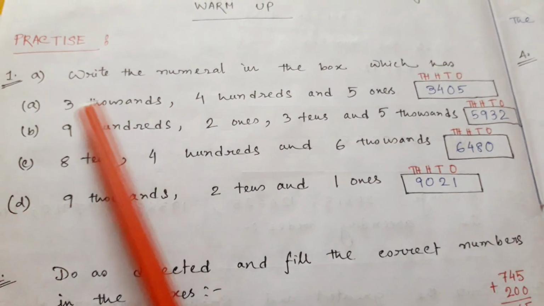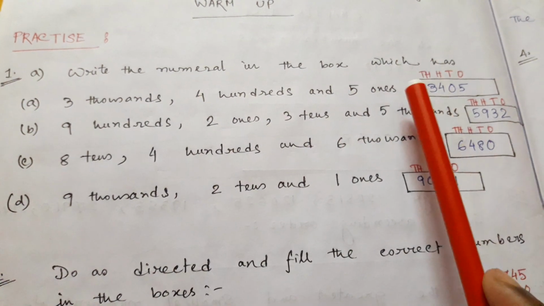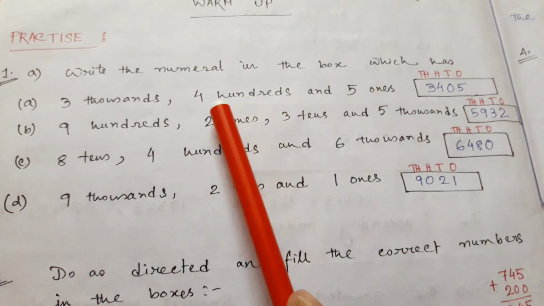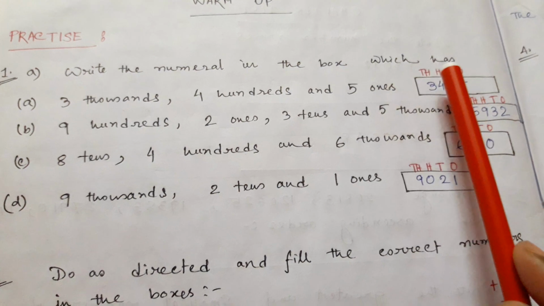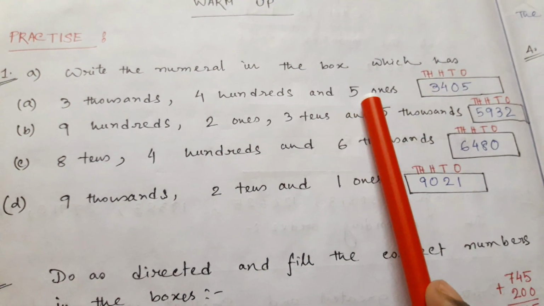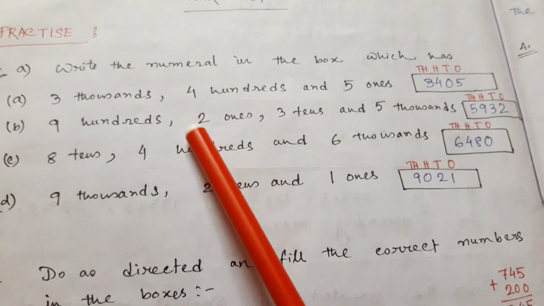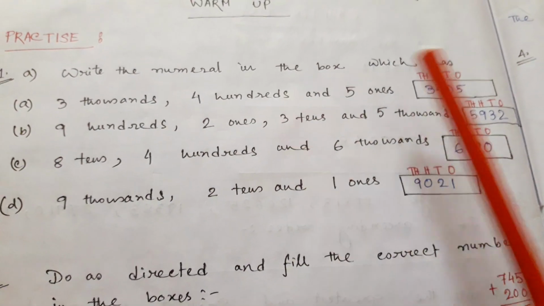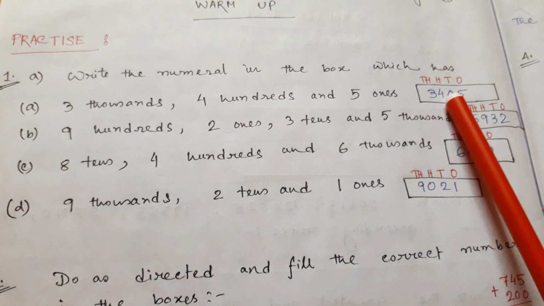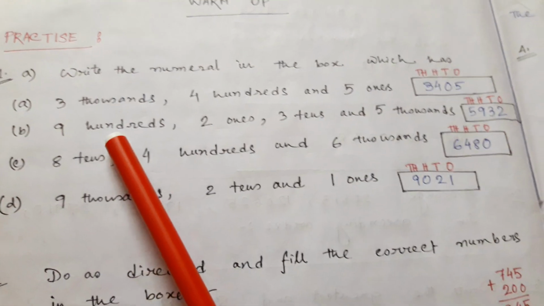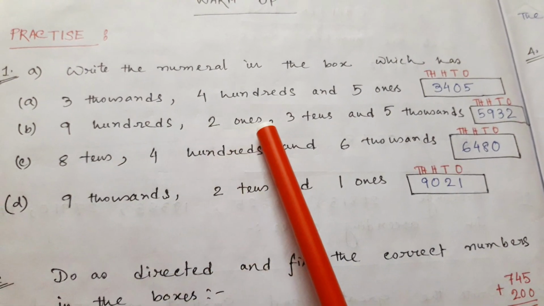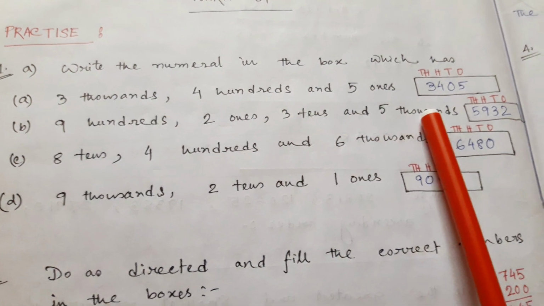Now 3000s are there, so in the thousands place we will put 3. There are 400, so in the hundreds place we will put 4, and 5 ones, so in the ones place we will put 5. Now see, there is no number in the tens place, so in the tens place we will put a 0.